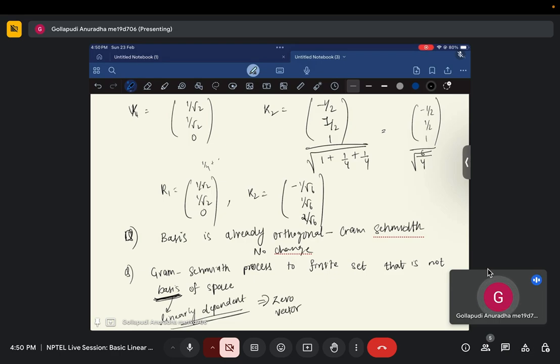When you do the Gram-Schmidt process for linearly dependent vectors, you will end up with zero, a zero vector, based on how many vectors are dependent.